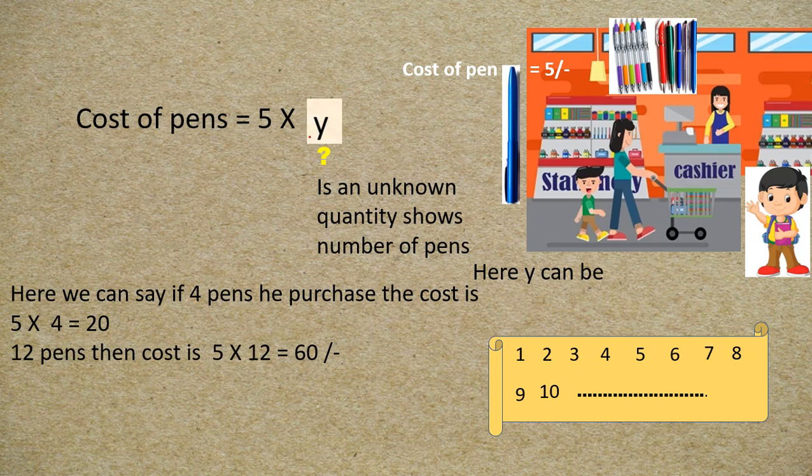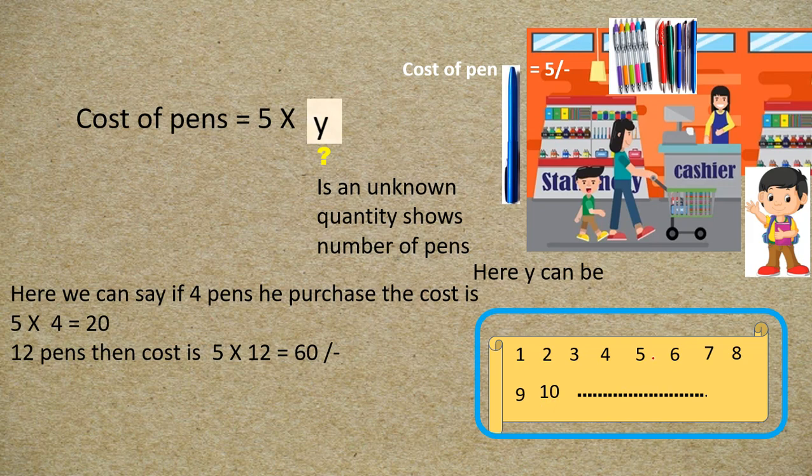If he wants to purchase 10 pens, the cost will be 5 into 10, which is 50. Now if we assume the number of pens is 12, its cost is 5 into 12, which is equal to 60. All these numbers in this set can be the value for y.